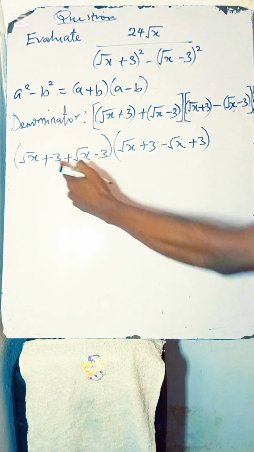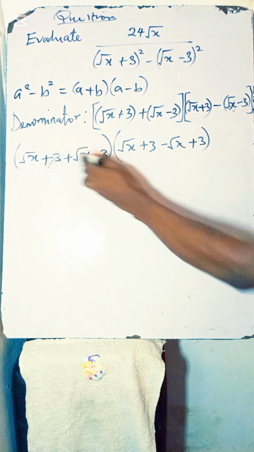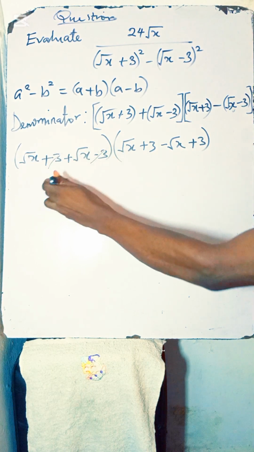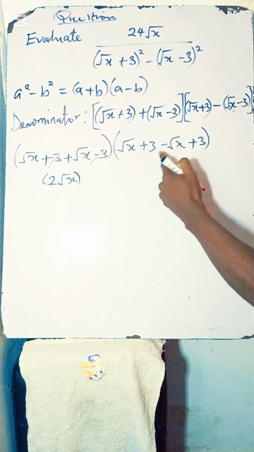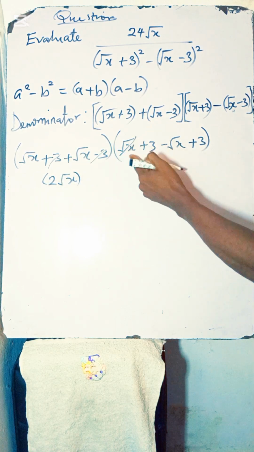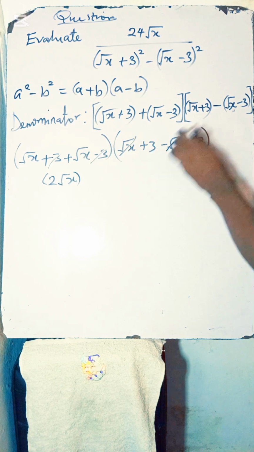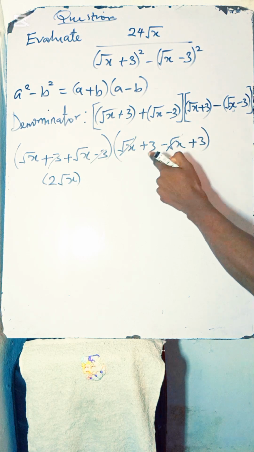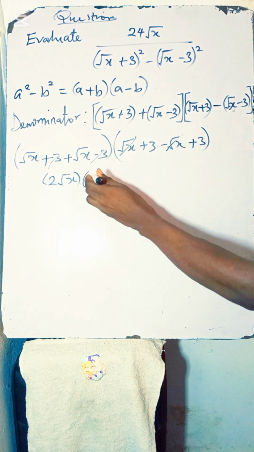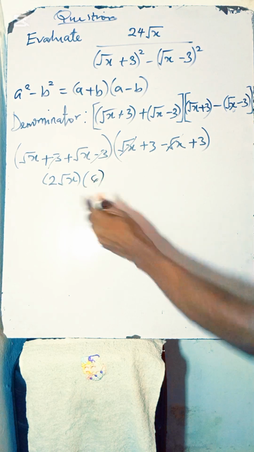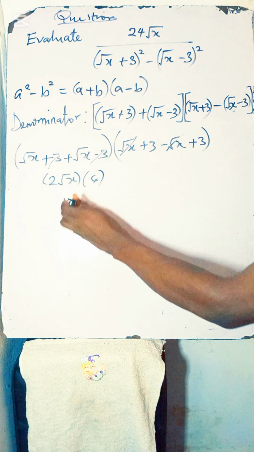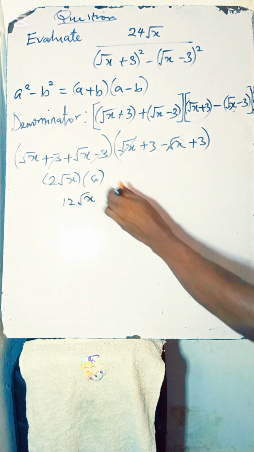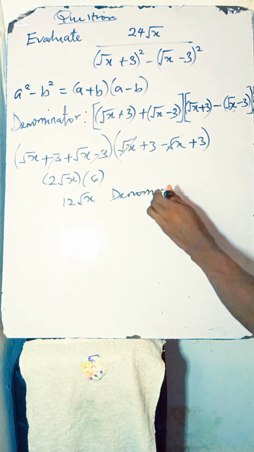So at this side, plus 3 minus 3 becomes 0. Then what we're having left is 2 root x times, as for this one, plus root x and minus root x becomes 0. So we're multiplying it with 3 plus 3, which is 6. So this is what we have at the denominator. 2 times 6 is 12, so 12 root x is our denominator.